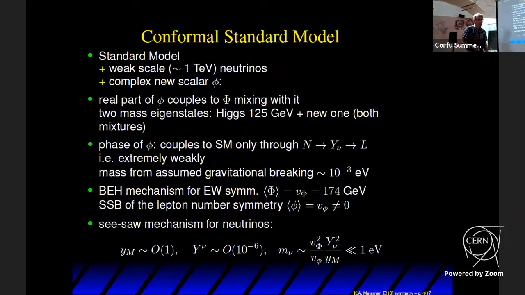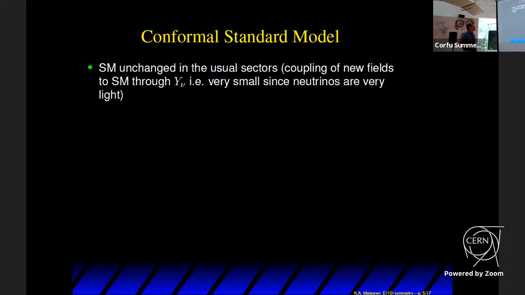That makes the mass small. And that assumption, Y nu very small, keeps all the precision tests of LEP viable, because the new sector doesn't couple to the standard model, or couples very, very weakly. So the SM is unchanged in the usual sectors.